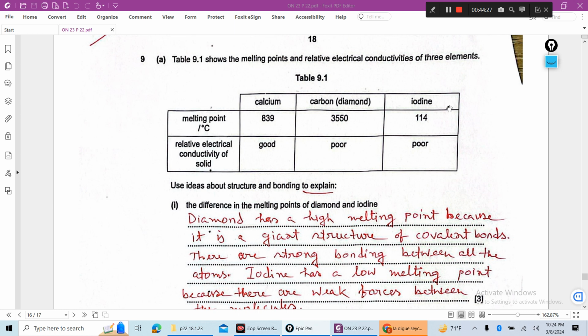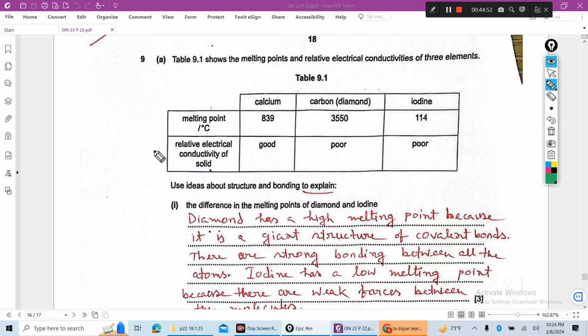Now number 9, this table shows melting point and relative electrical conductivities of three elements: calcium, carbon and iodine.